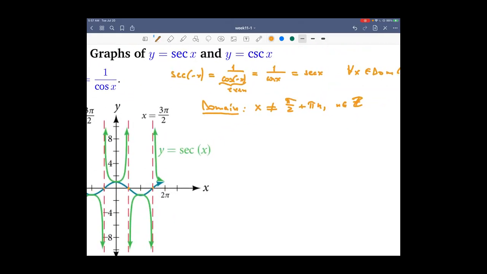That is because if you think of what happens when x approaches any of these points, pi over 2 plus pi n, practically the same thing as with tangent. Tangent is sine over cosine, and secant is 1 over cosine.